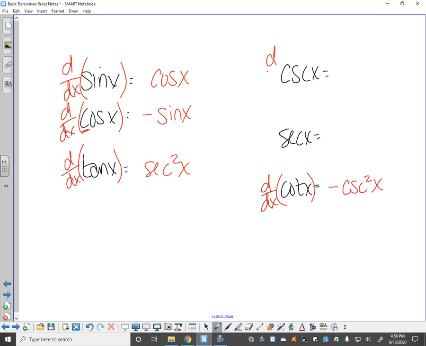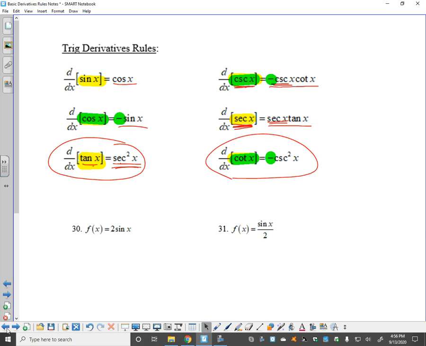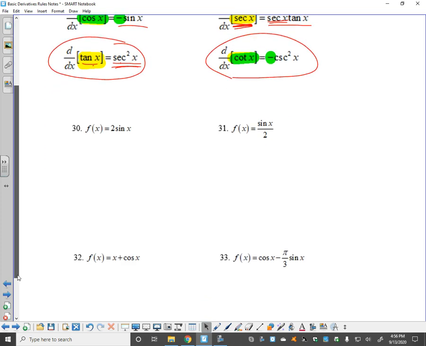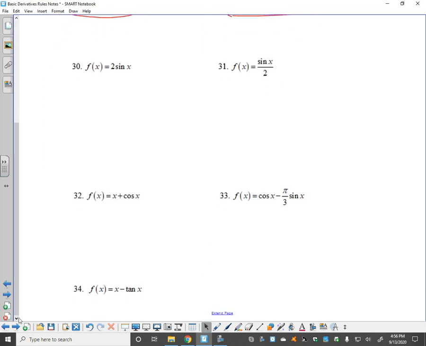So the derivative of cosecant is negative cosecant cotangent. The derivative of secant is secant tangent. Flashcards: I'm sure Quizlet has some out there already made. Feel free, make them yourself. That way they'll always be with you.